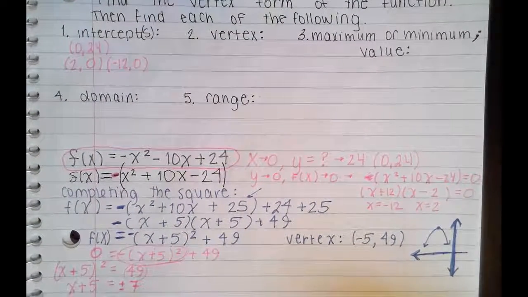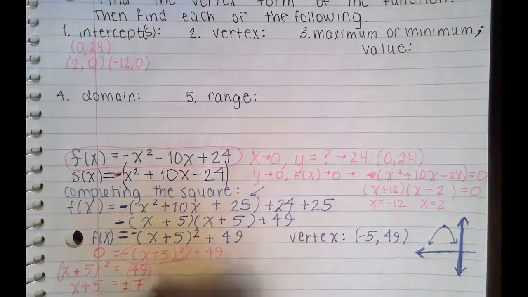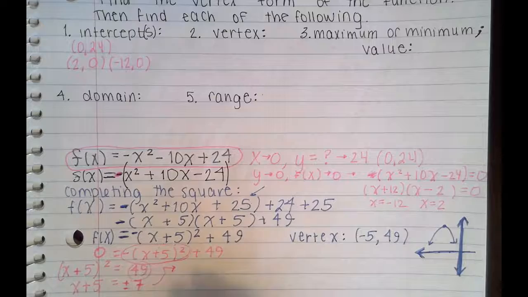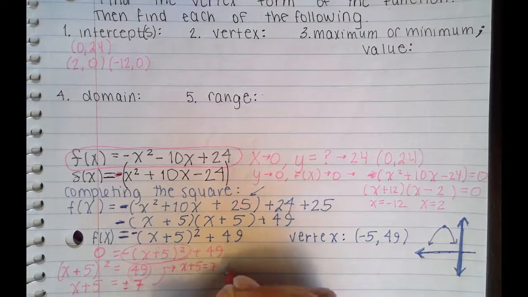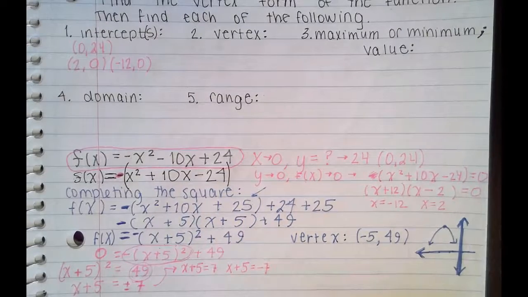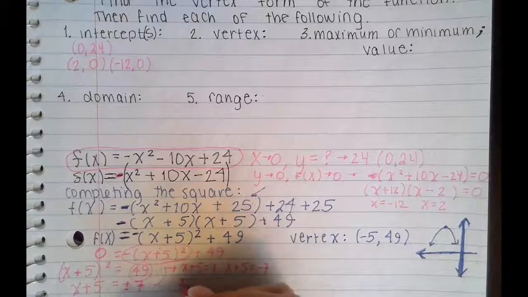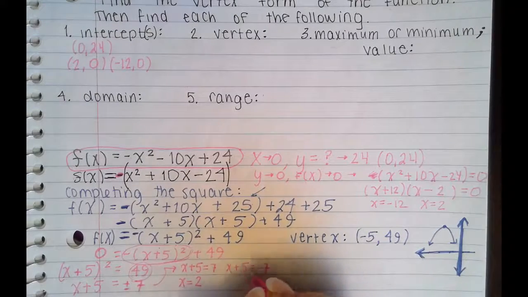That means I have x plus 5 equals 7, and I have x plus 5 equals negative 7, and that's what will give me two answers. Subtract 7 and I get x is 2. There's one of the answers I got before. And then here, subtract 7 and I get x equals negative 12. So there's that other answer from before. So those are my answers again.